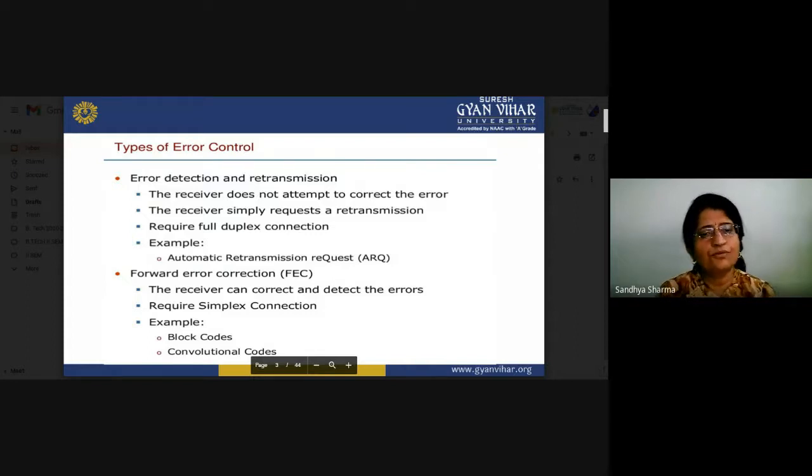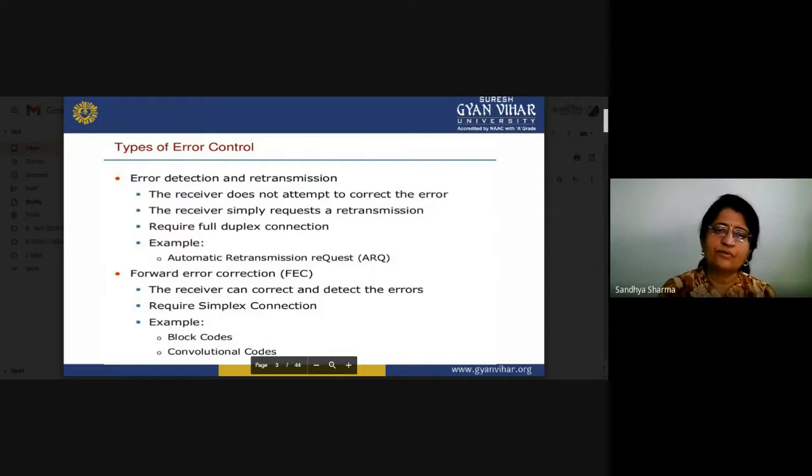Now we move to forward error correction. What process do we follow here? The receiver can detect and correct the error. In this method, first the error is detected, and then it is corrected. It requires only simplex connections; it doesn't require full duplex connections.